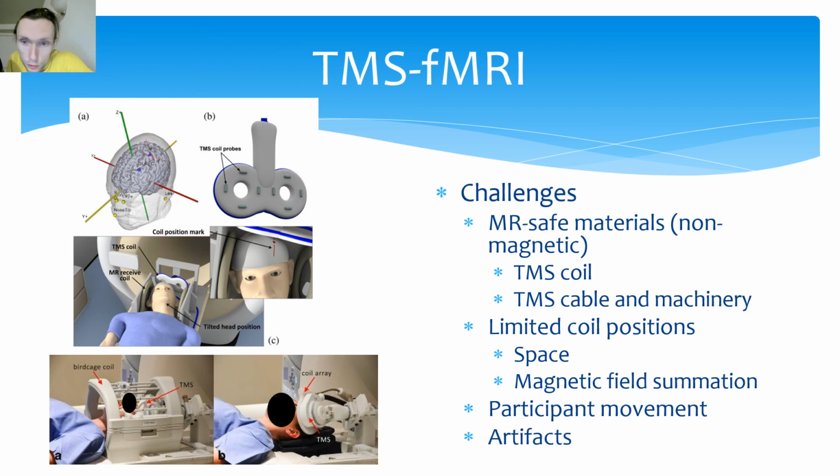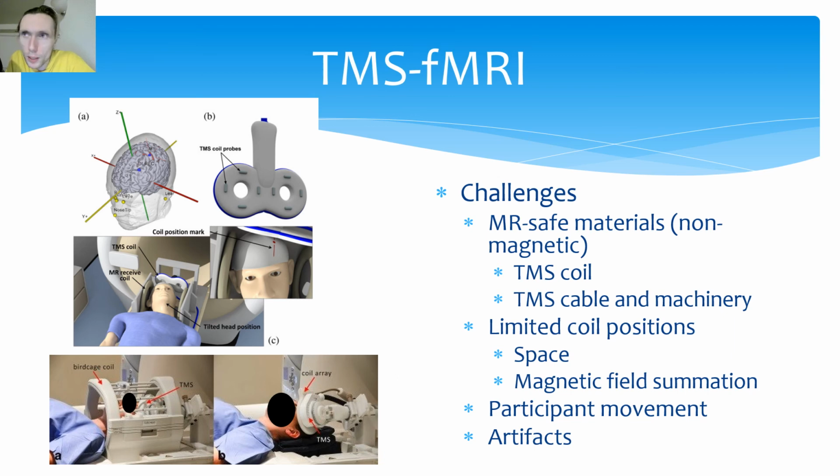So again, just as with EEG-fMRI, you need MR-safe materials, which means the TMS coil is non-magnetic, and also the cables and the machinery of the TMS coil. They are typically quite big, particularly the thing that produces the pulses.